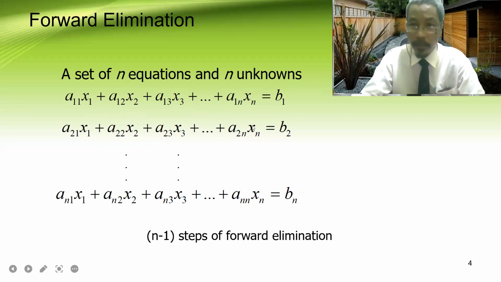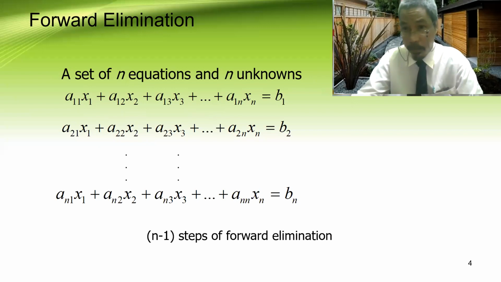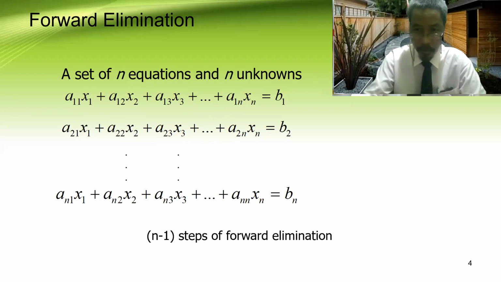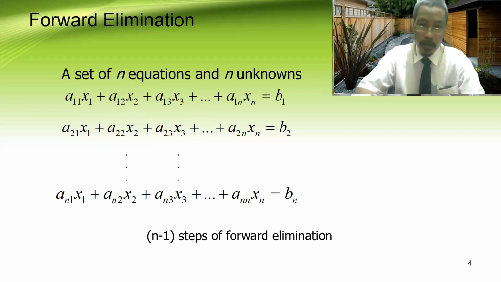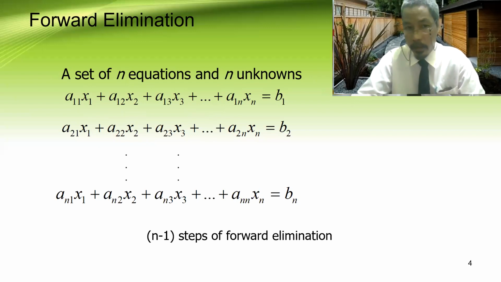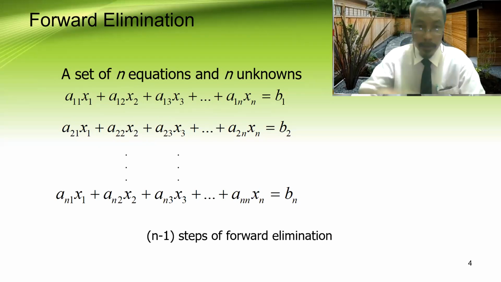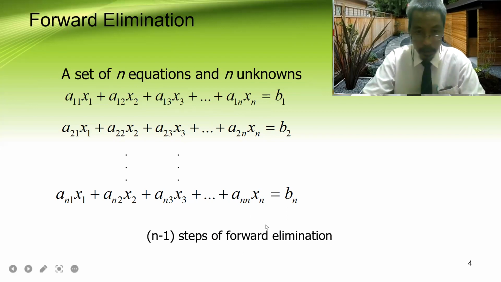There are n variables. If there are 3 variables, it could be x, y, z, or it could be a, b, c. But usually we use a, b, c to represent constant coefficients, and we use x, y, z usually to represent variable. Okay?